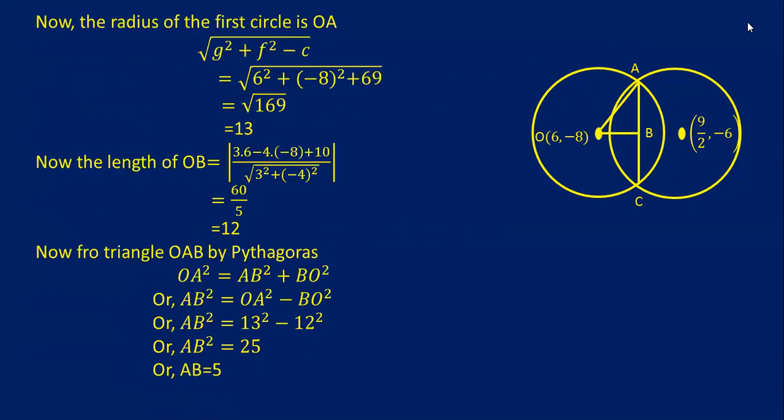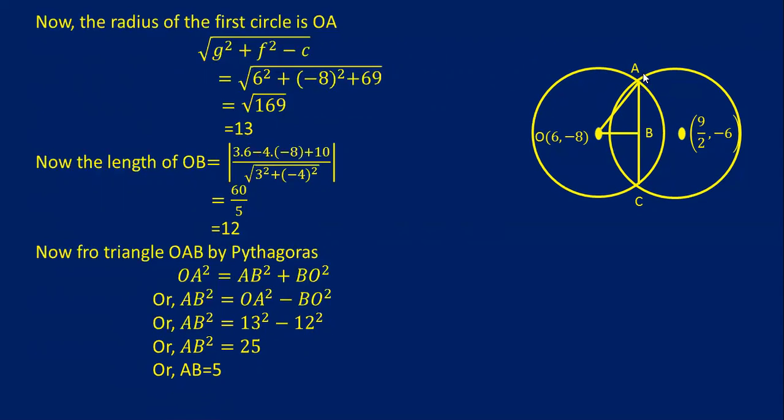We have got here AB is 5 and OA is 13. If we draw a perpendicular line on a chord from the center, then the chord divides into two equal parts. That means AB equals BC.